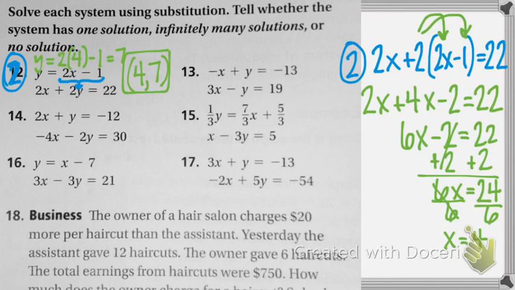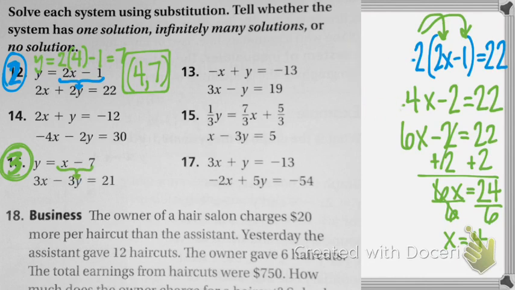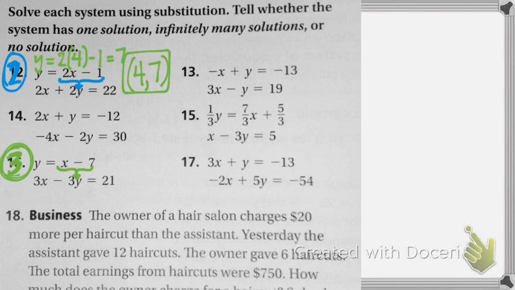And now let's do number 16, and we'll call it number 3. Since I know what y equals, I'm going to replace the y in the second equation with it. Let me erase all this work. So I'm just going to rewrite this bottom equation over here, and where I see the y, I'm going to replace it with x minus 7.